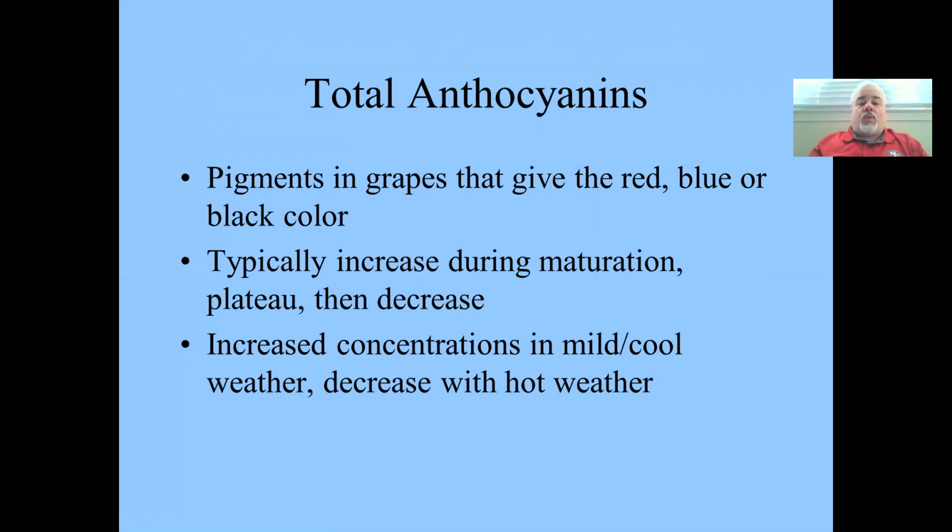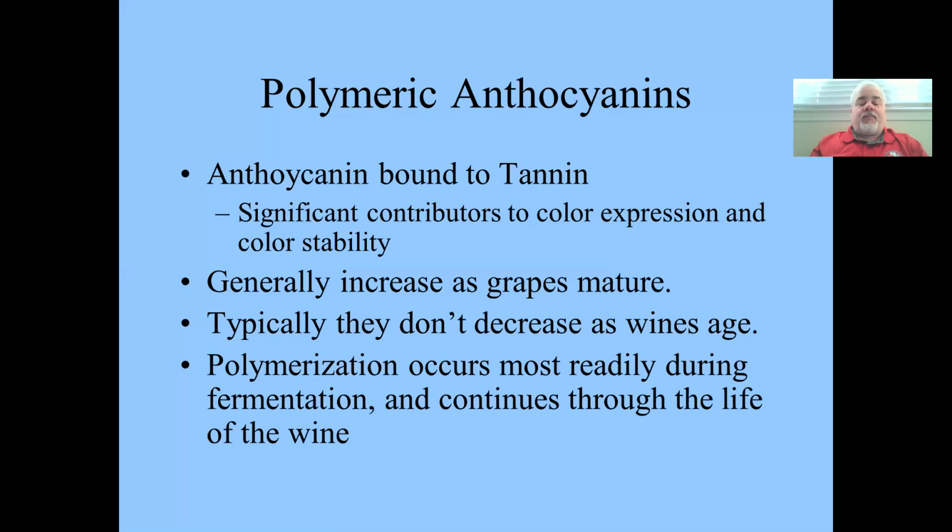So grapes grown in cooler appellations tend to have higher total anthocyanins, and grapes grown in warmer areas tend to have lower total anthocyanins. Again, that's one of the reasons why different appellations have different reputations, and why you might choose one variety over another depending on exactly where you're growing it.